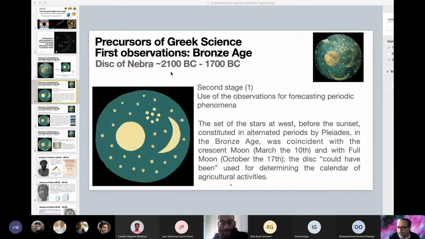future phenomena. So do you want to know if it is the moment to start agricultural works like seeding or anything which should start in spring? Okay, you use this disk, you check if Pleiades are at west and if you have the half moon, and then you can deduce that you are in spring.